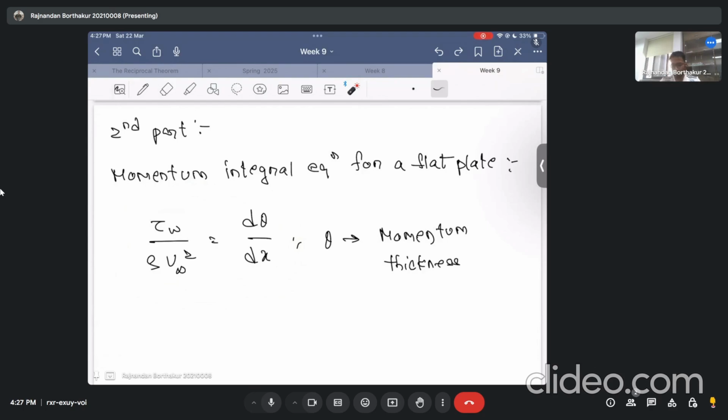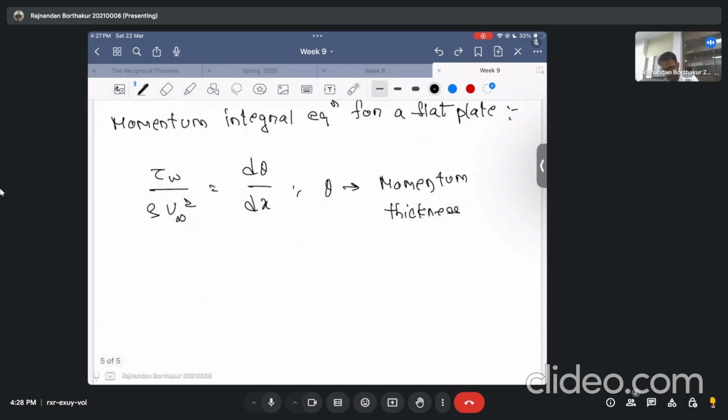Okay, so what we now need to do is evaluate this tau w, and evaluate this momentum thickness theta, in order to get the boundary layer thickness delta. So let's do it step by step. My tau w, that is the wall shear stress, I know is just mu times del u by del y evaluated at y equals 0.